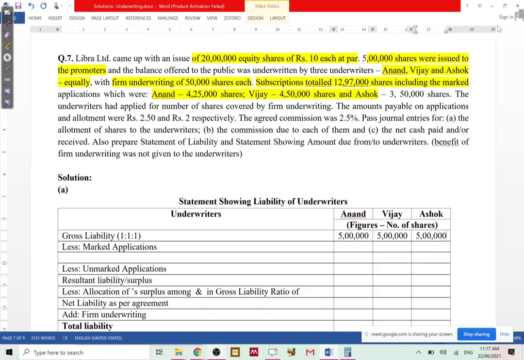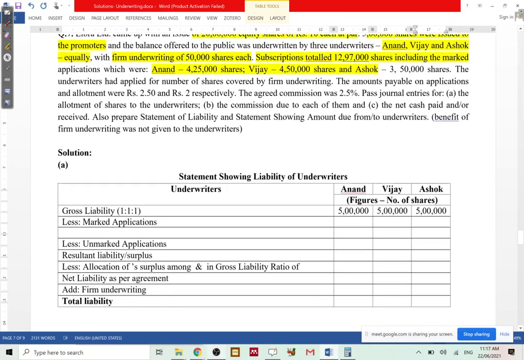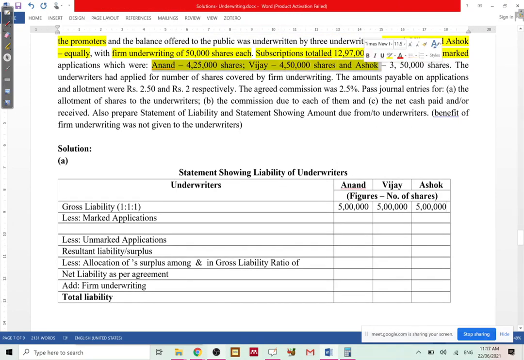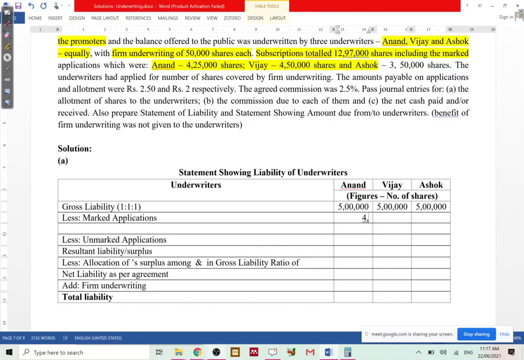Done. Now next we have to deduct the marked applications. Marked applications are never to be calculated. They are just directly given to you in the problem. So including marked applications were 4,25,000, 4,50,000, then 3,50,000.